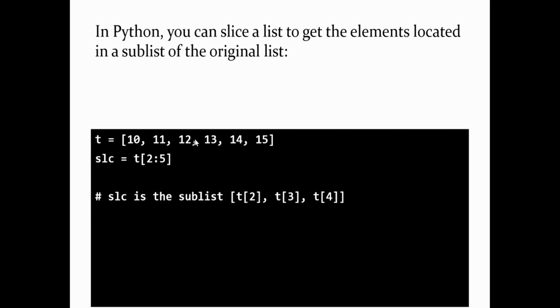So starting at the 12, that's index 2, 3, 4, so you should get 12, 13, 14. What happens in Python is you get a new list. The references get copied out of T and put into the new list SLC. So that always produces a new list in Python and does a bunch of copying, which unfortunately is expensive.